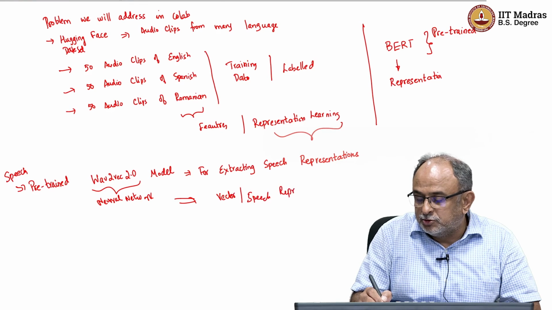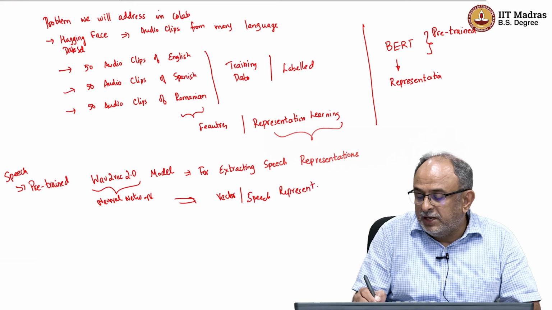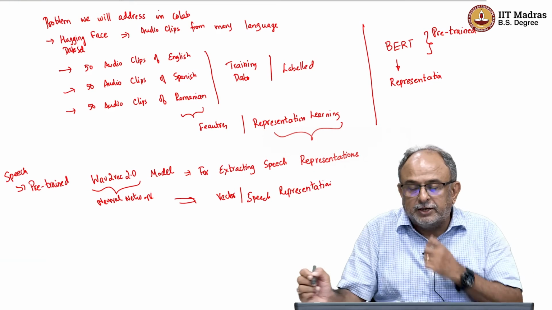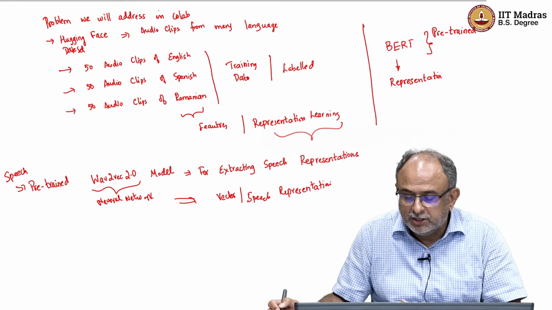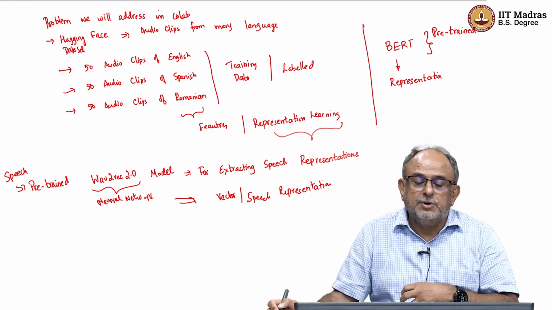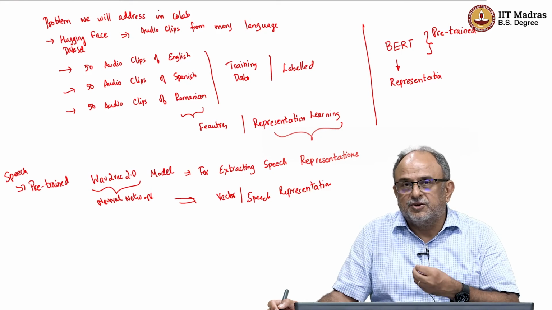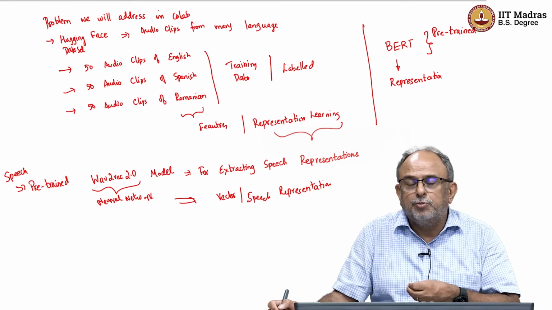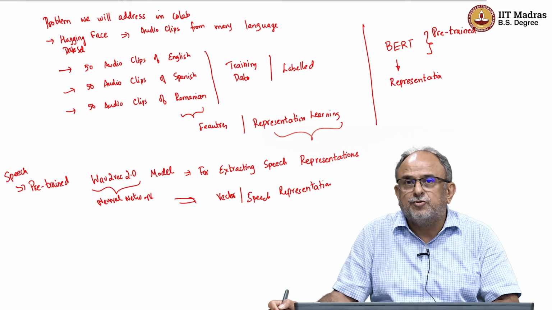If it is coming from the English audio, this vector representation will correspond to the representation for English. Similarly, for Spanish, I will get a representation for Spanish. For Romanian, I will get a representation for Romanian.